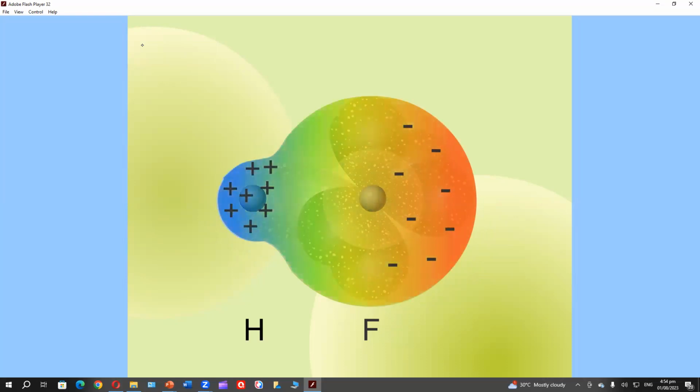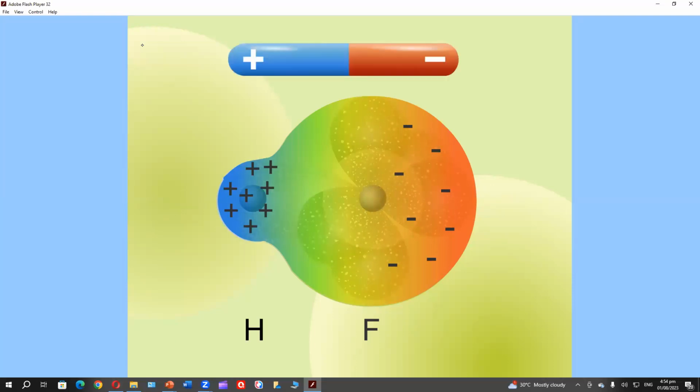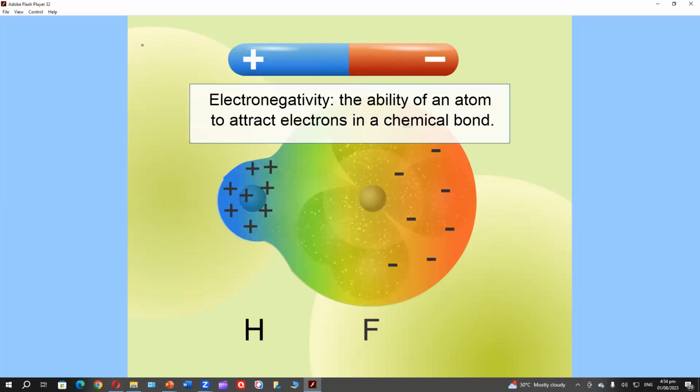The charges are described as delta minus and delta plus, respectively, to indicate that the charges are small, smaller than the unit charge of an electron. The hydrogen fluoride molecule is described as polar, which indicates that there are two oppositely charged poles in it. The ability of an atom to attract electrons in a chemical bond is known as its electronegativity.